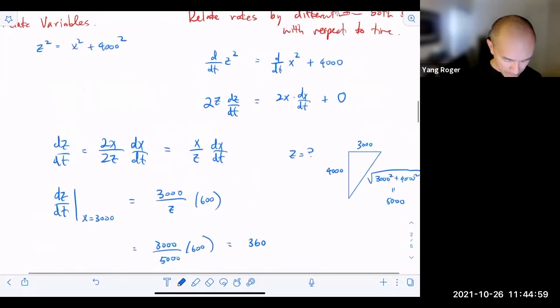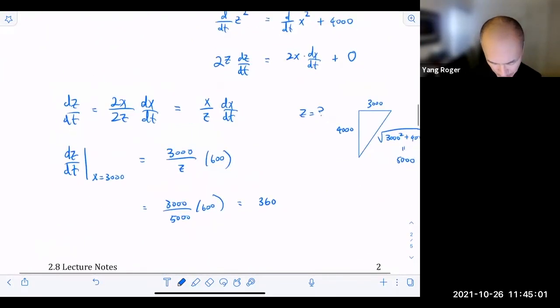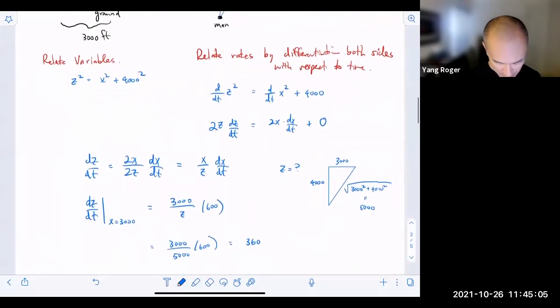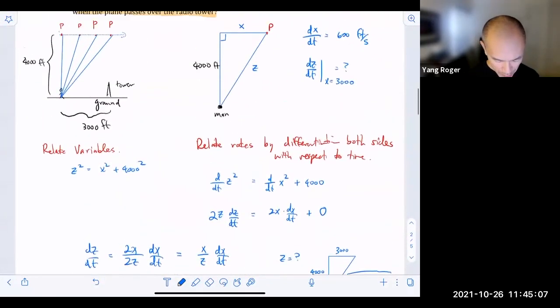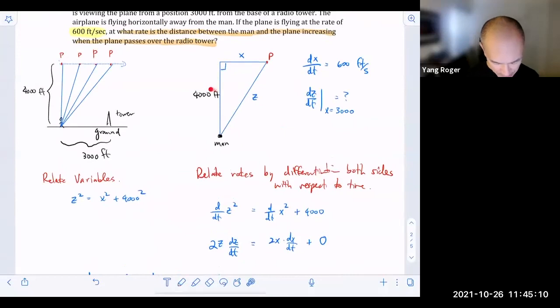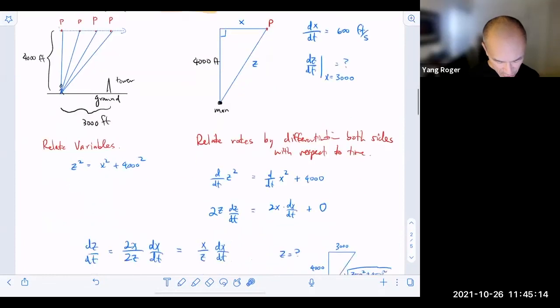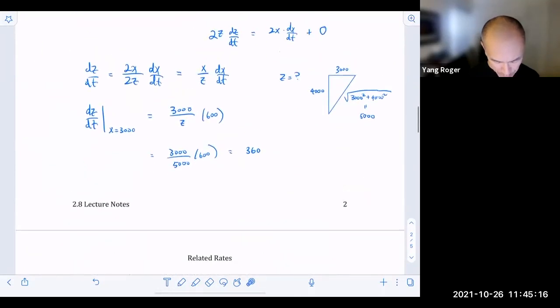Final question. What are the units going to be? Well, we were measuring everything in terms of feet, and the velocity of the plane is in terms of seconds. So I think this should be 360 feet per second.